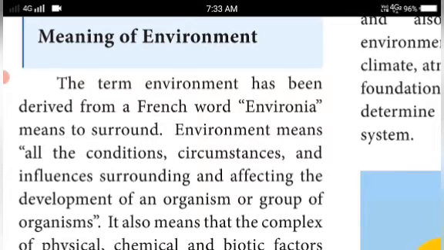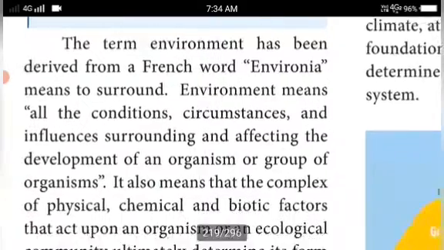So, meaning of environment. The term environment has been derived from the French word environnement. It means to surround. Environment means all the conditions, circumstances and influences surrounding and affecting the development of an organism or group of organisms.